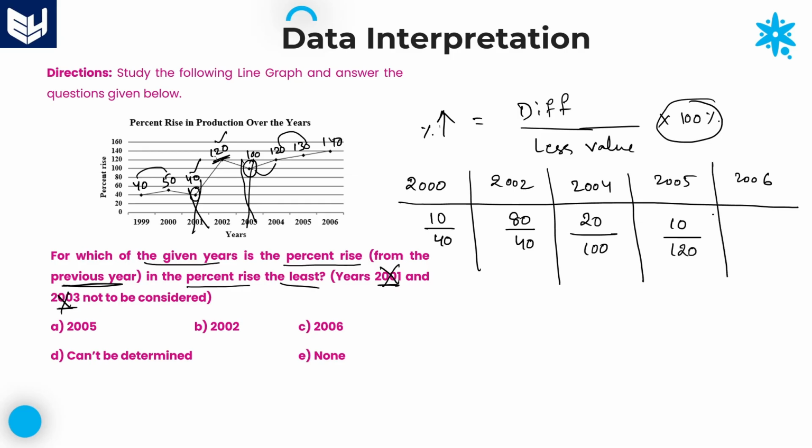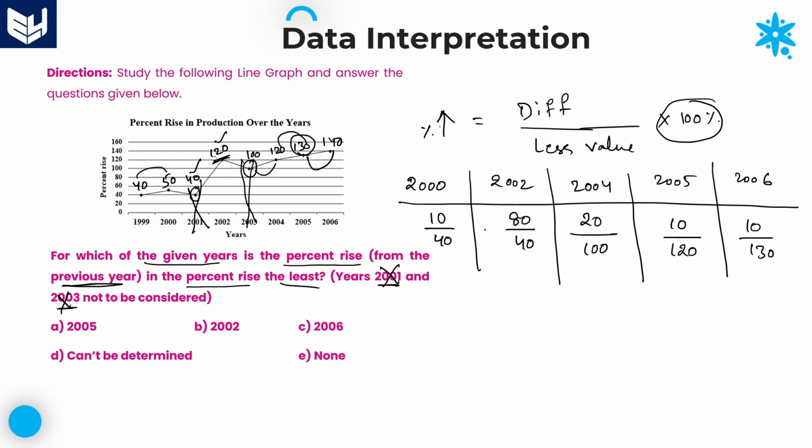And last value, 2006. Here as comparing with the previous year, difference is 10 divided by previous year value, that is 130: 10 by 130.